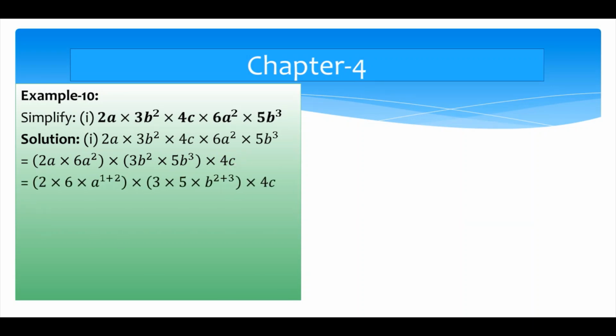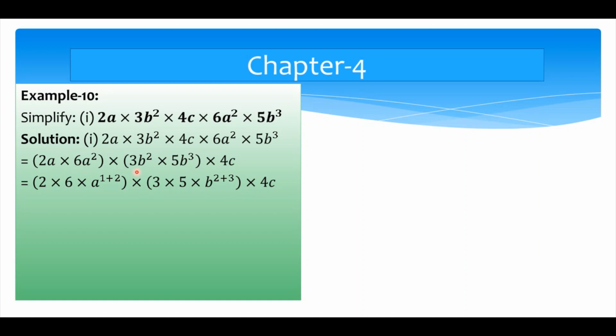After that, we can multiply the coefficients of a first. You can see 2a, the coefficient is 2, and 6a square, the coefficient is 6, so we multiply 2 by 6, and the base is the same here, so we can add the powers. You can see a has no power, that means we think there is 1 here, so 1 plus 2.